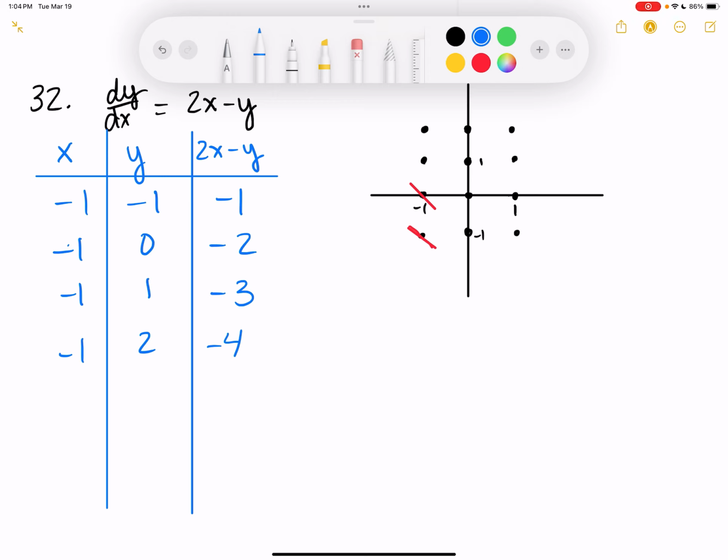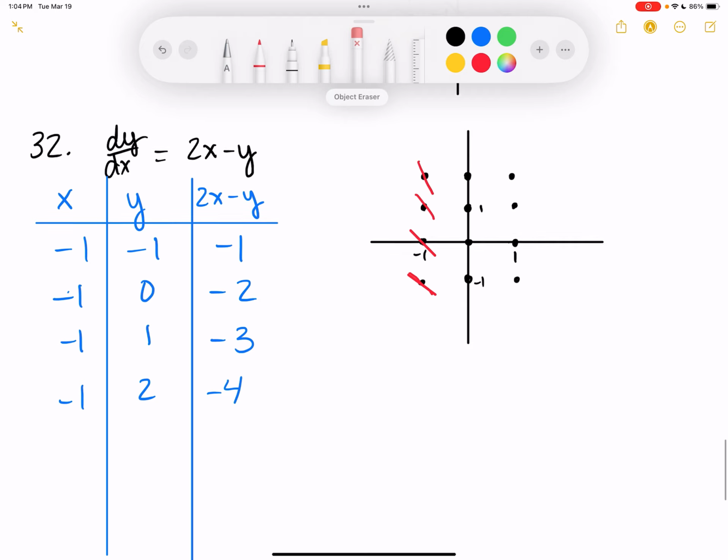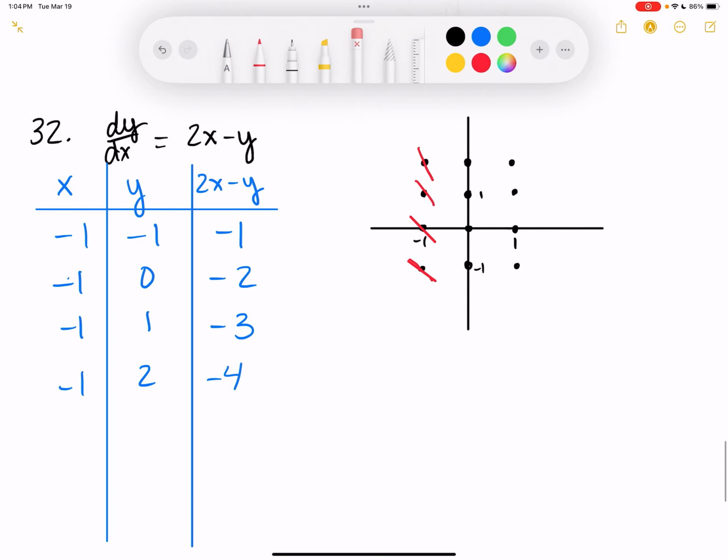Notice every slope on this one gets a little steeper. Make it look as much a little steeper as possible.